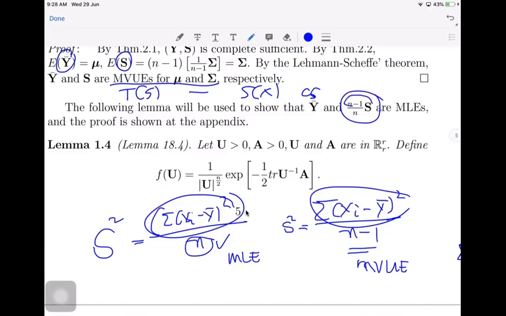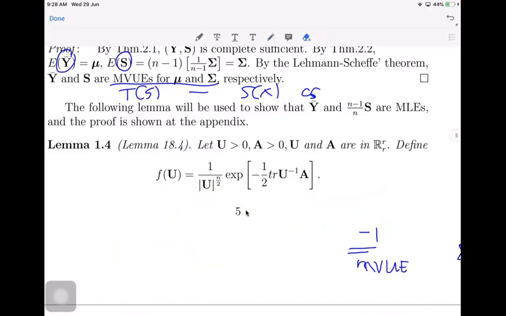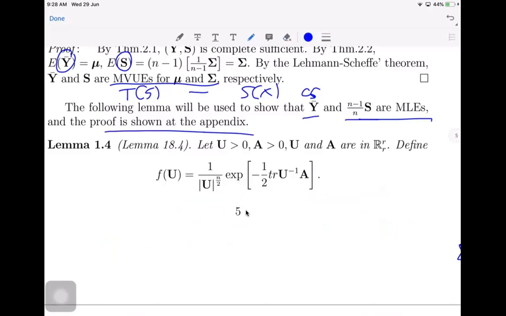If you scrutinize this, what remains is just the one on top. Are you with me? Did you understand? Okay, so this is your MLE and the proof is shown in the appendix.